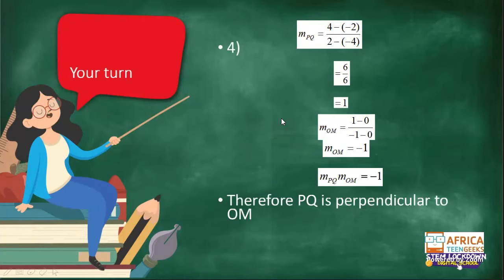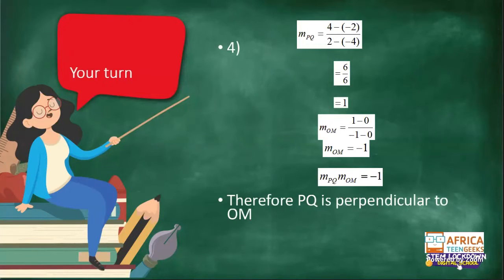Okay, now the next one was for us to show that PQ is perpendicular to OM. Remember, O here is the center, and M is the midpoint of PQ. So what you just have to do here, remember you have to find the gradient of PQ. In this case, it is 4 minus 2 divided by 2 minus 4. In this case, you'll have 6 over 6, which is equal to 1.